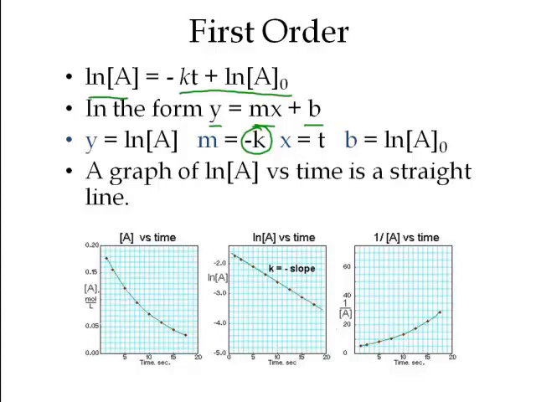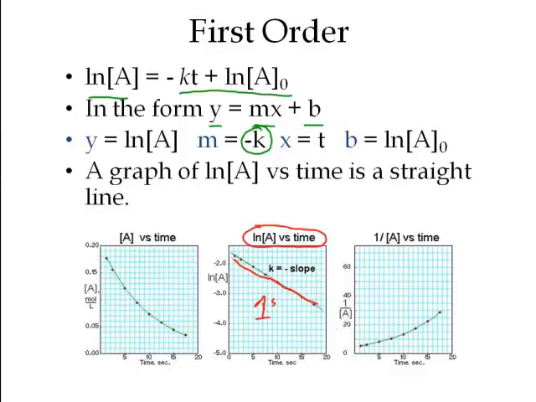The kind of questions you see in AP courses show you these plots and ask what order the reaction is. You have to memorize this: if you ever plot the natural log of the concentration versus time and get a straight line, that is always first order.